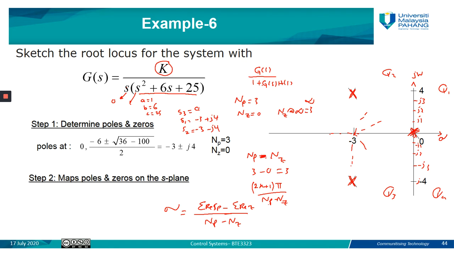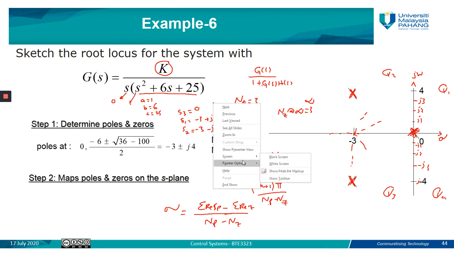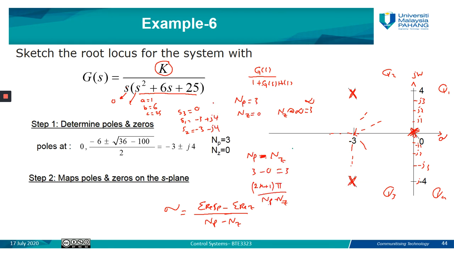We are going to find the summation of the real values only. Real value means 0 for the first one, -3 for the second one, -3 for the third one. So the summation of the real parts will be 0, minus 3, minus 3. So it will be -6.